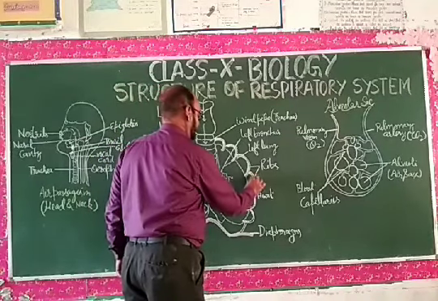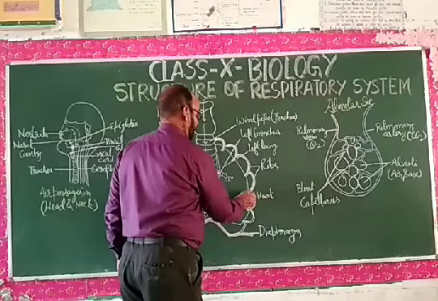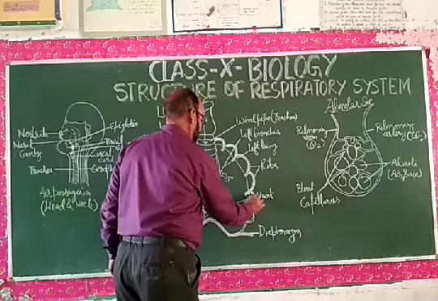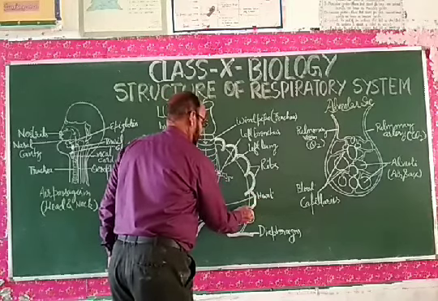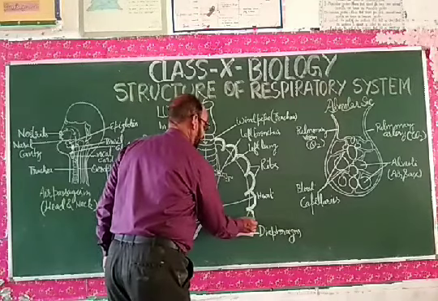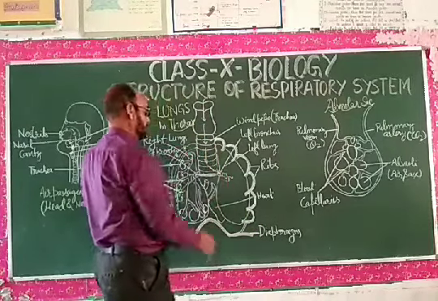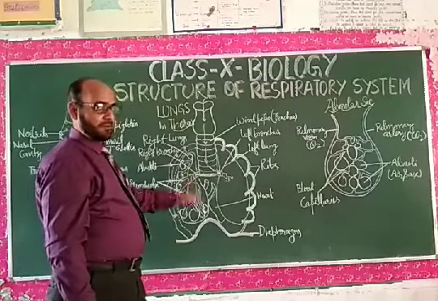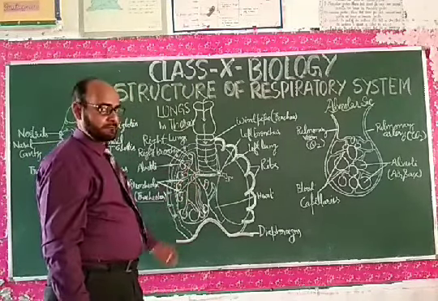These two organs are very delicate organs. That is why strong protection is required, and for this the rib cage is there. This rib cage is a compartment that has these two organs, the respiratory organ and the circulatory organ, the lungs and heart.